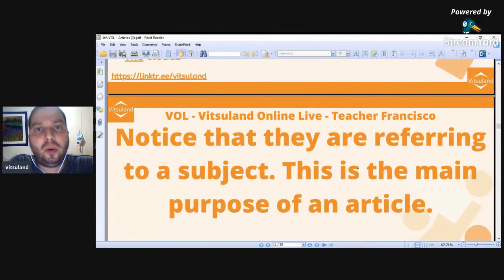They are giving you some tips, some guidance, a track of something. So what kind of track, which characteristics are the articles giving you when you read an article or when you listen to an article? That's what we're going to talk about right now and today. So this is the main idea, to refer.